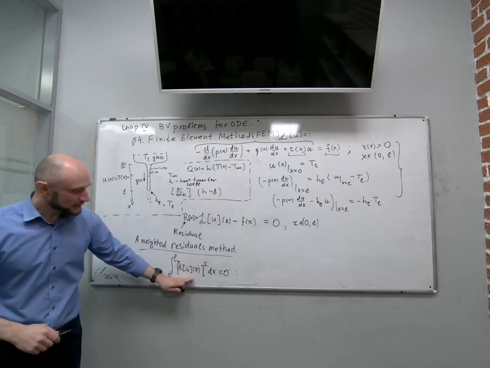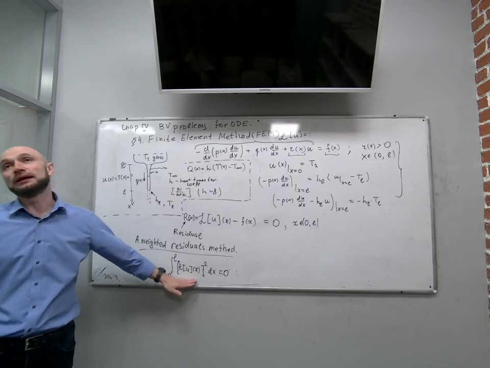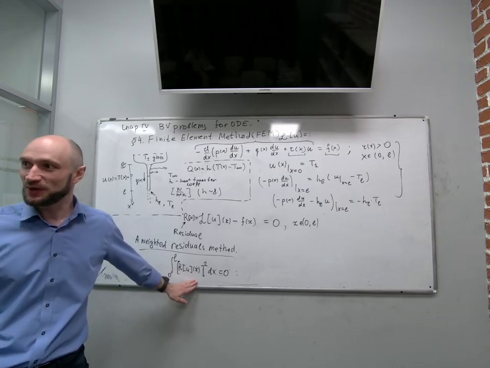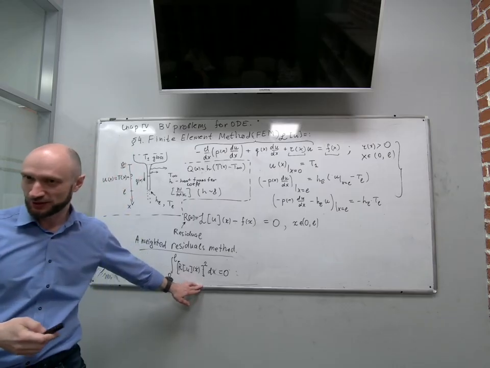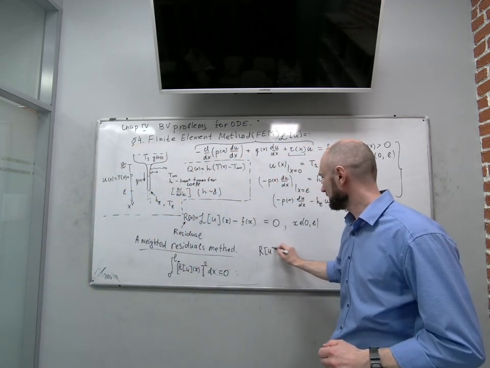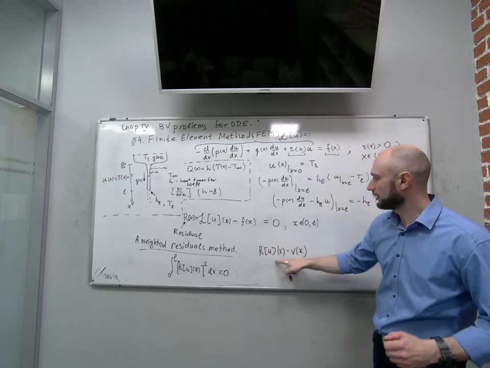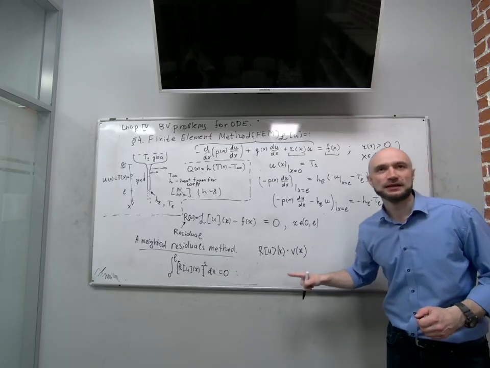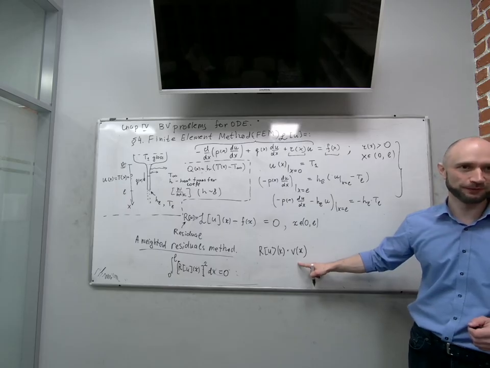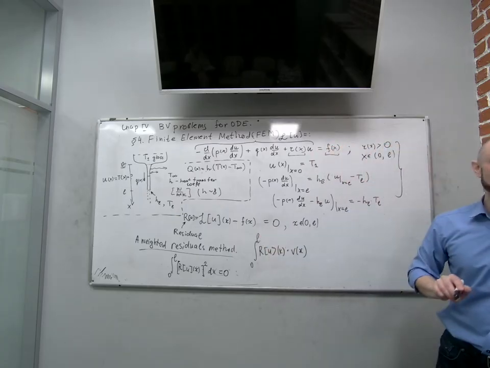But if we take this approach, practice shows that it will lead us to an uncomfortable matrix. That's why people don't use this approach. But what they do, they say, let's multiply our residual by some function v, which is sufficiently smooth, and let us integrate it over the interval of interest.